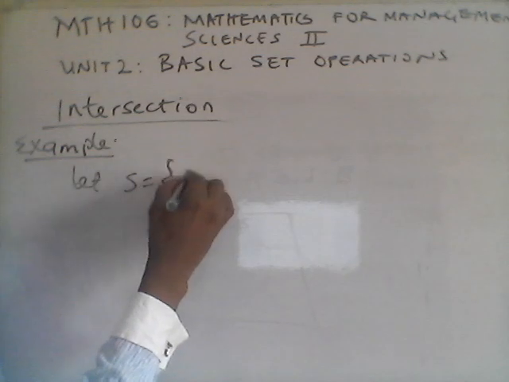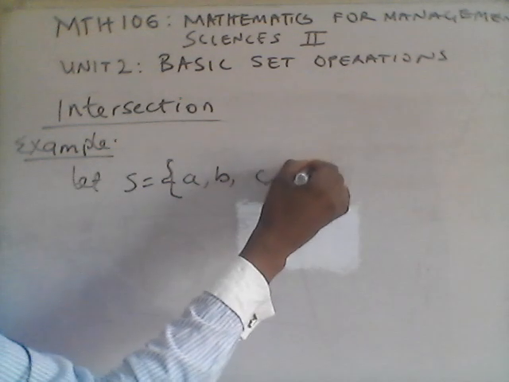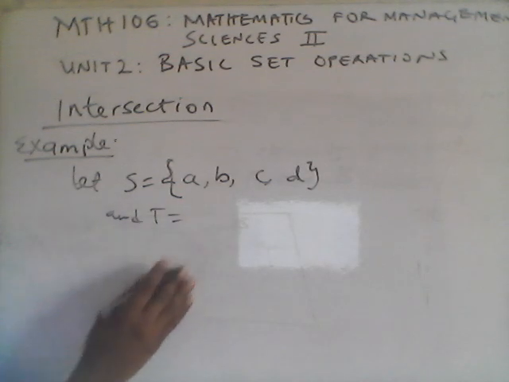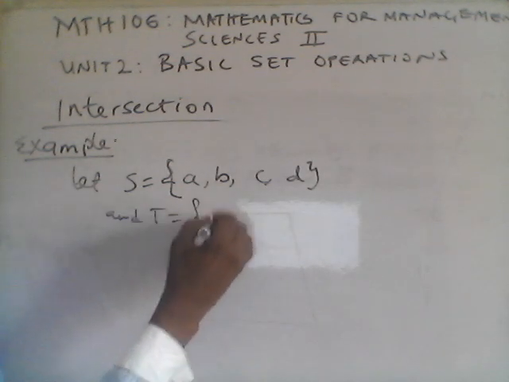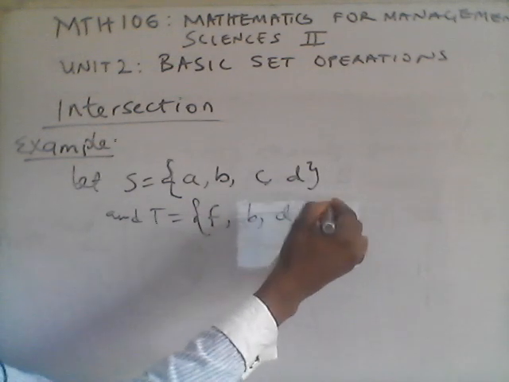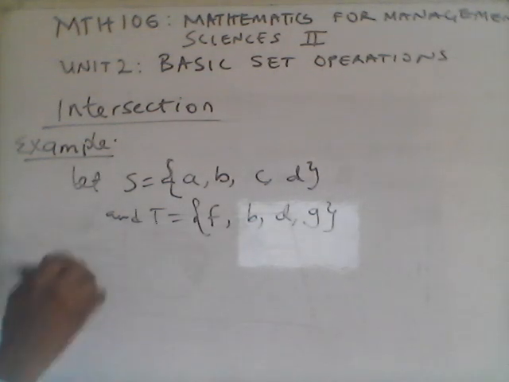S has A, B, C, and D, and T has the following elements: F, B, D, and G. So I have these two sets.